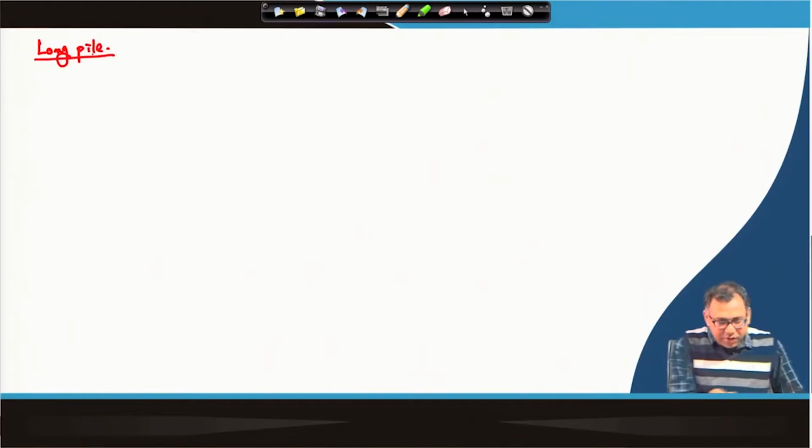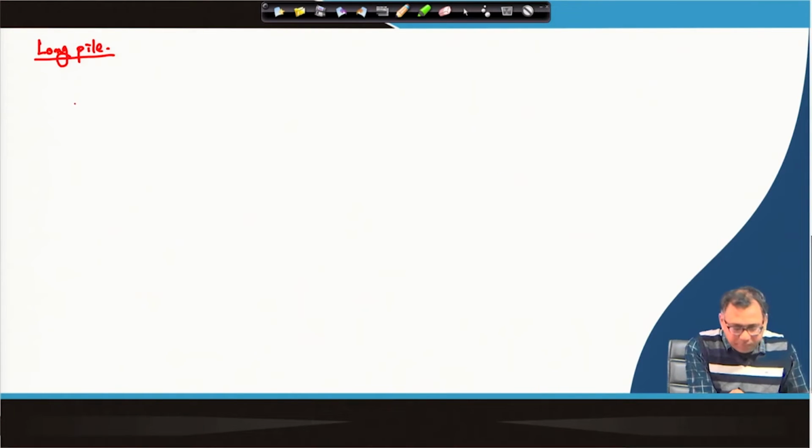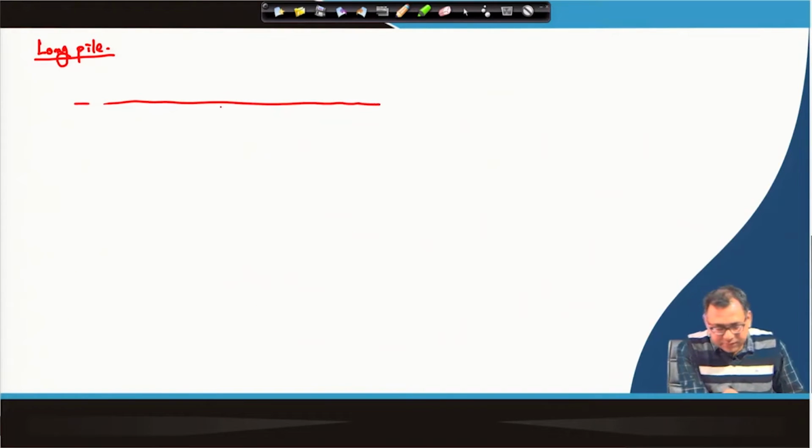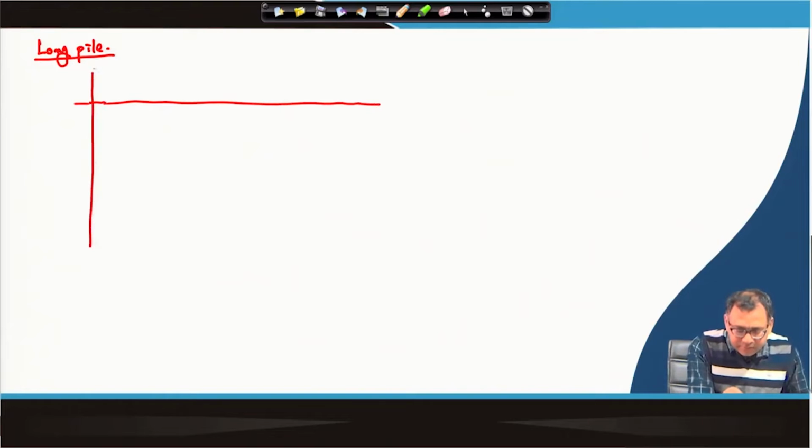Okay. So, long pile case, this is the ground surface, so again here there will be a yield in case of long pile at a point. Okay.